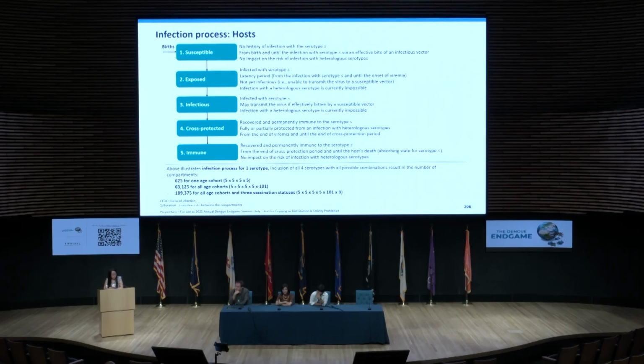This is done for every serotype and for every single age, so from age 0 to age 100, we did 101 different age cohorts. This is also done for three different vaccination statuses: vaccinated as seronegative, vaccinated as seropositive, plus not vaccinated. So it's a very complex compartmental model, modeling the host through different stages.